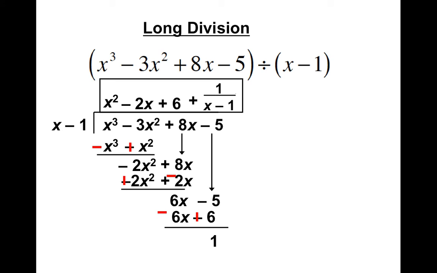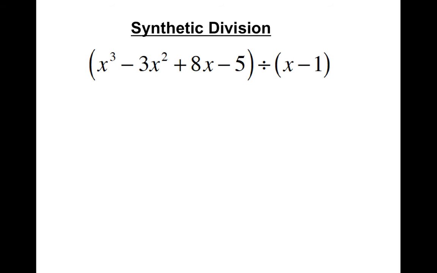We're going to do this exact same problem, but this time we're going to use synthetic division. Okay, so using synthetic division, you start by writing the coefficients of each of these terms. So this is a 1x cubed, and then a negative 3x squared, a positive 8x, and a negative 5.